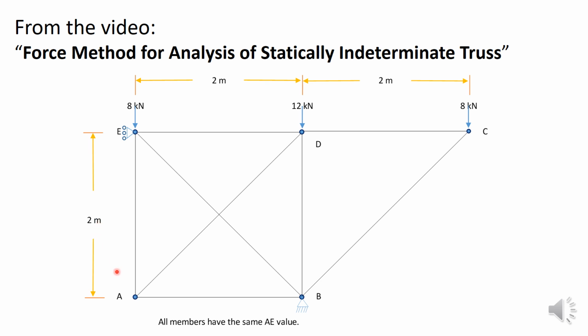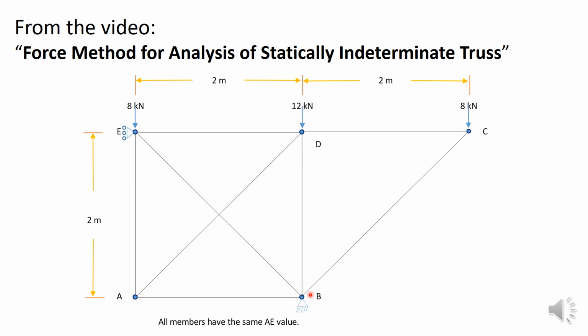Basically, you have these joints A, B, C, D, E, and you have members AD and BE, which cross. There's no joint where they intersect here. The supports are at B, which is hinged.